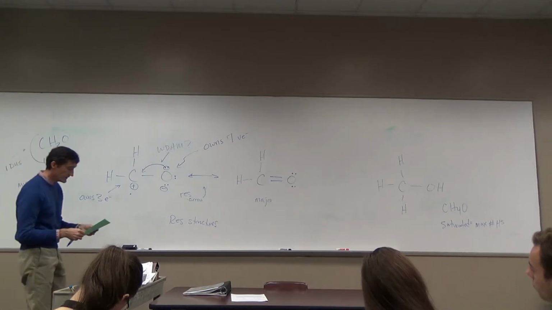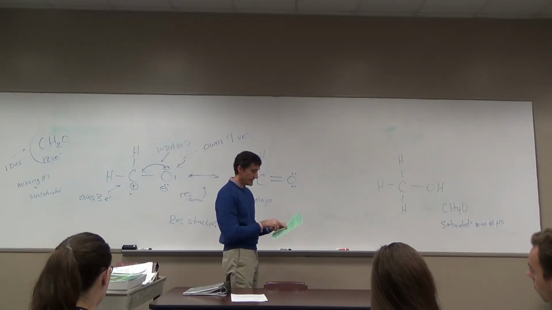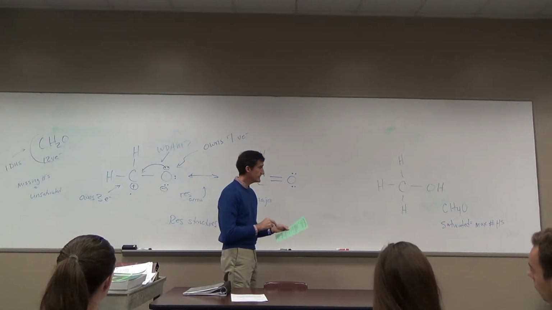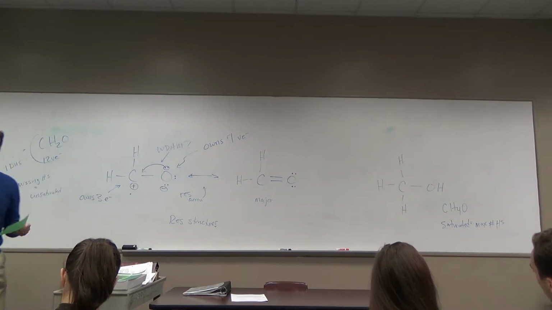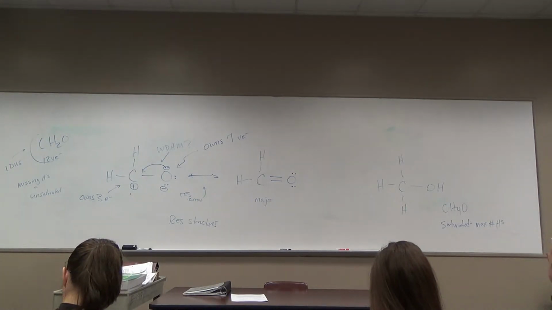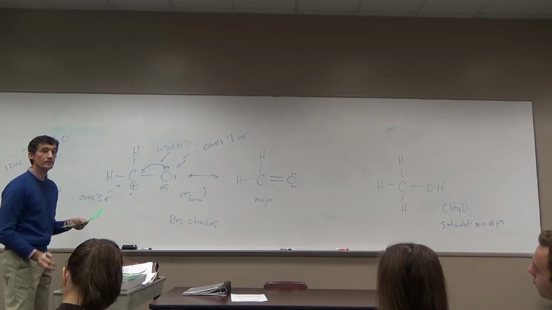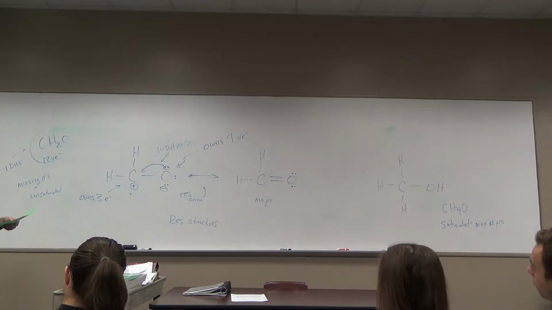So let's look at that a little closer. And I said it has 1 DUS. HCN. HCN has 2 DUS. How many double bonds is it going to have? How many? Why would it be 0?